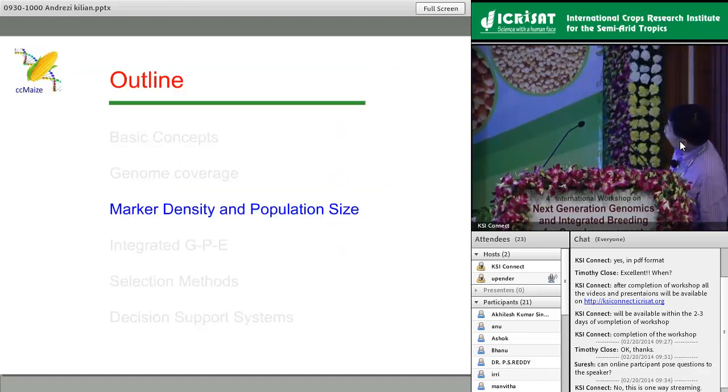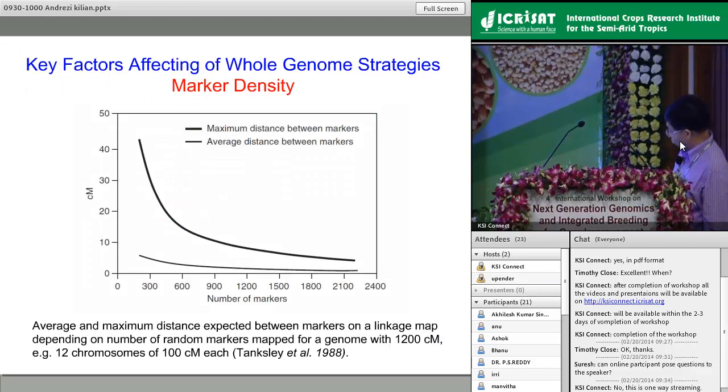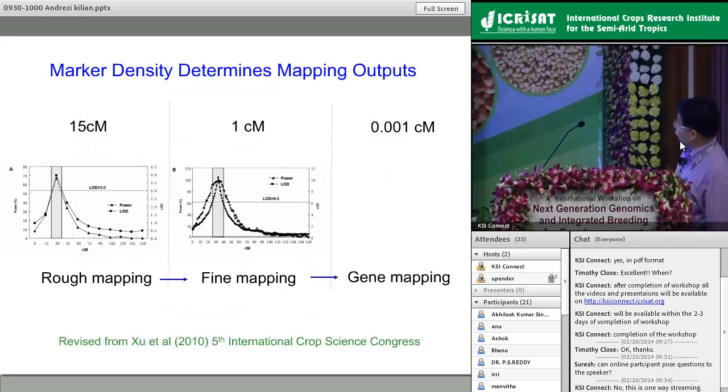Second, I'm going to talk about marker density and population size. I will go through this very quickly. You see, the more markers you use, the bigger the impact on the maximum distance between markers and also the average distance between markers. So we can do the mapping from rough to fine, even to the gene mapping, depending on how many markers you use.